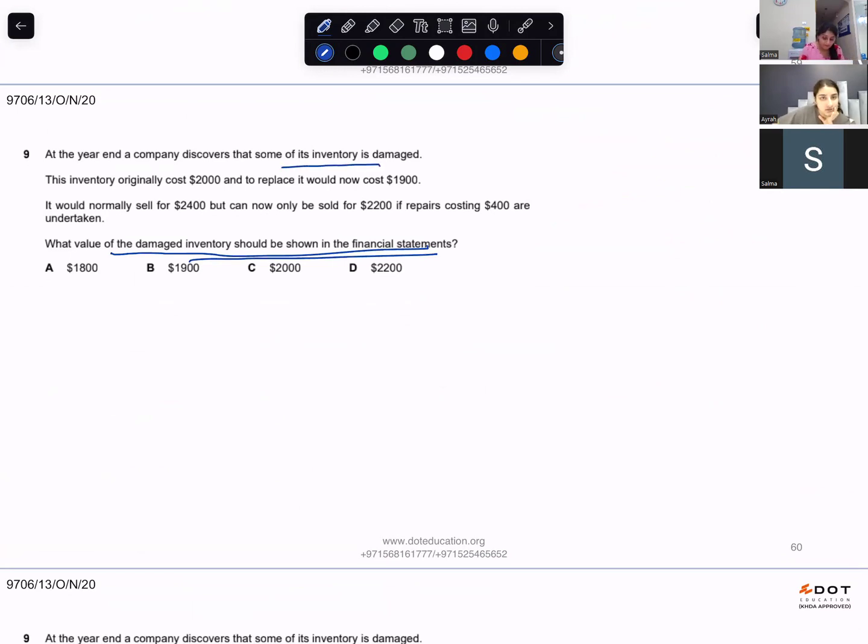This inventory originally cost $2,000, and to replace it, it would now cost 1,900. It would normally sell for 2,400, but now can only be sold for 2,200 if repairs costing 400 are undertaken. So what is NRV?